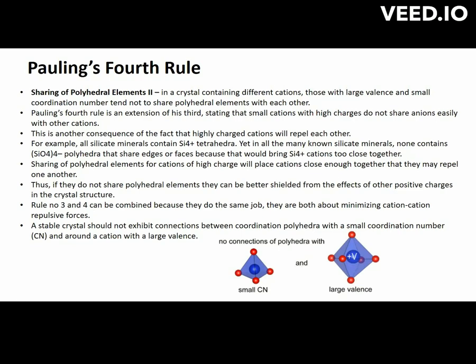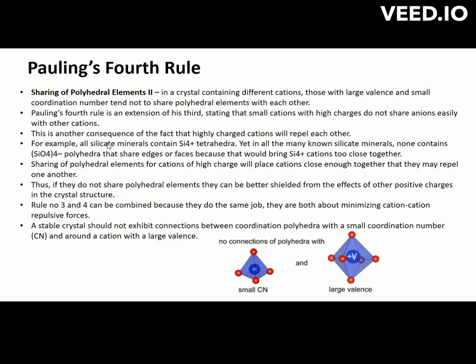They are both about minimizing the cation repulsive force, because if the cation repulsive force is stronger, then it makes the mineral become destabilized. So this rule is trying to make sure there is no strong cation repulsive force.